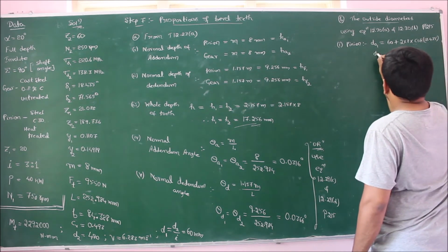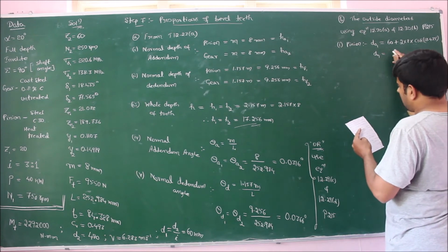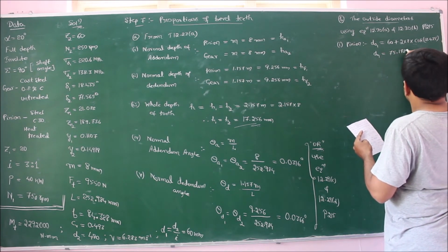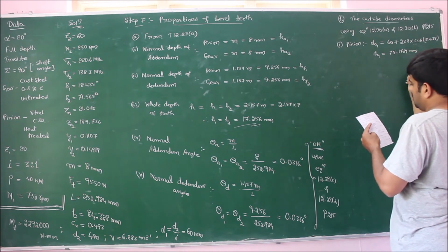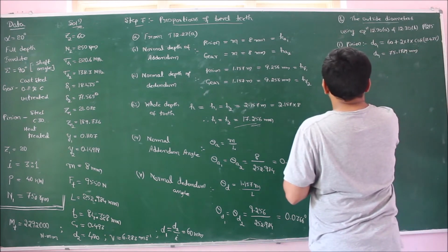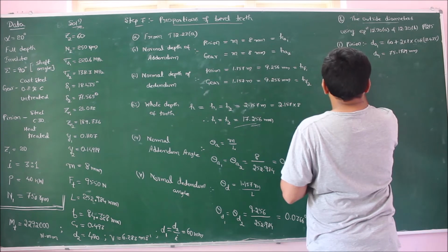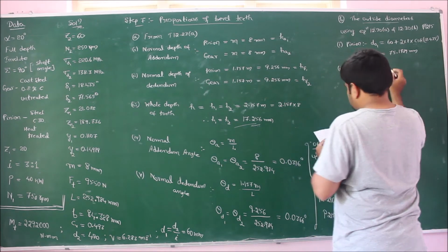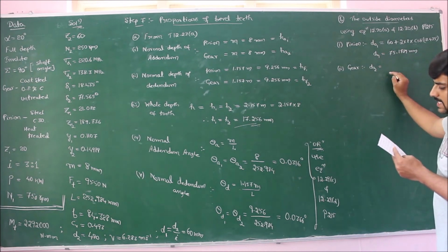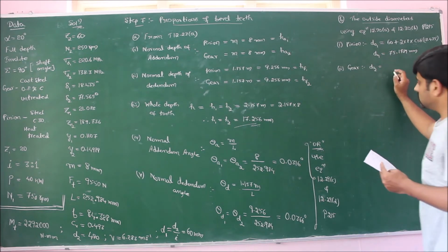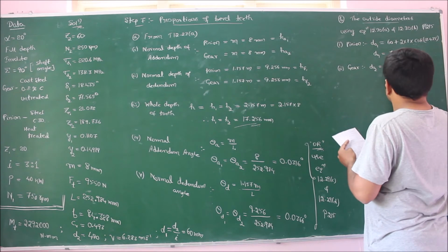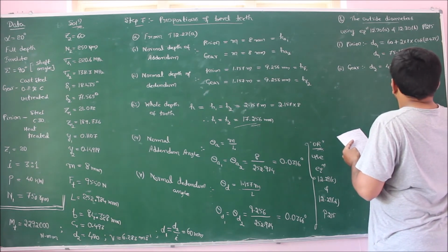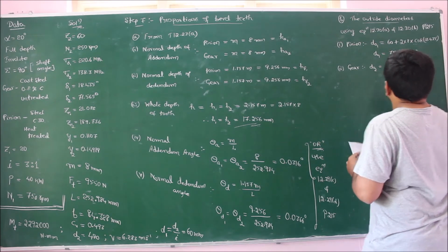I will get the outer diameter of pinion as 75.1789 millimeters. Similarly for gear, substituting the values of D2, HA2 and cos delta 2, I will get the outer diameter as 485.06 millimeters.